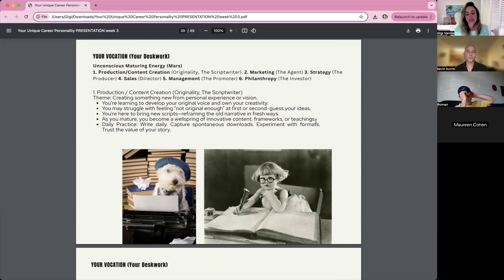It's emotions, pictures in our head, the words that we speak, the way we feel, but we can rewrite that. So for people with this, a daily practice is to write daily, to capture spontaneous downloads, experiment with formats, and trust the value of your story.